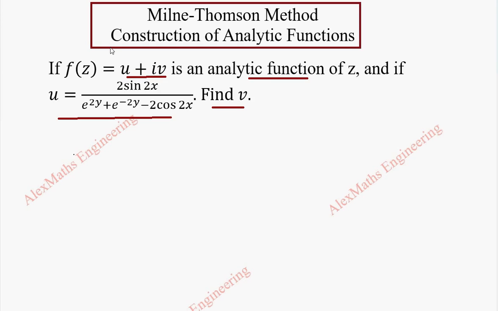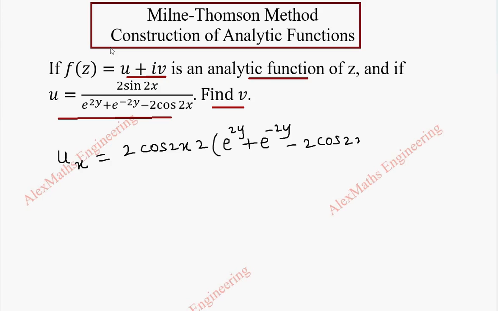Now as the first part, we are going to find ux, which is a partial derivative with respect to x. So we have to follow quotient rule. So differentiation of the numerator gives 2 into cos 2x into 2, and denominator we have to write as it is. Then minus numerator we have to write as it is, and differentiation of the denominator: e power 2y is a constant because we are doing with respect to x.